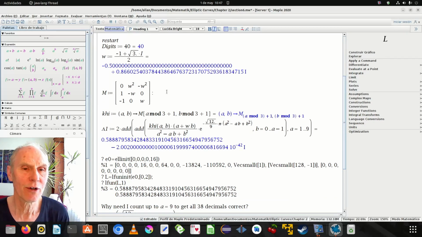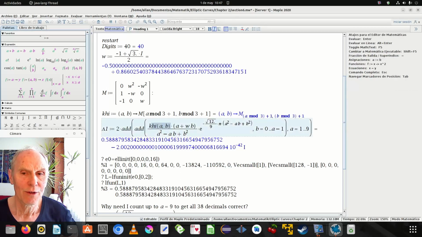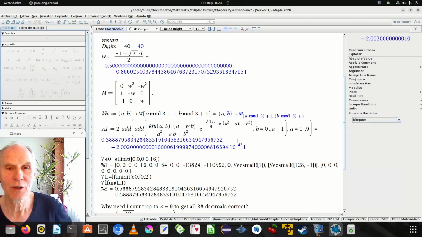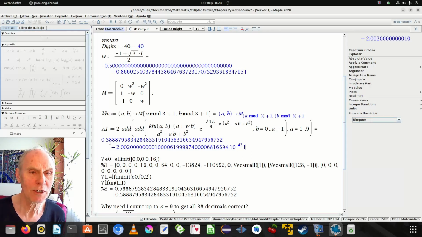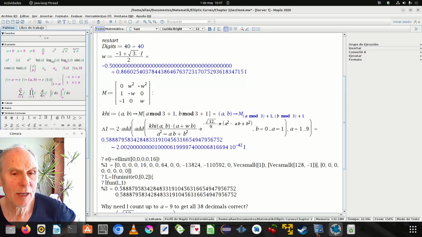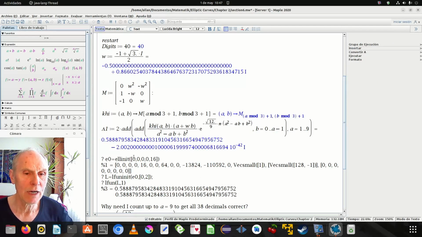Here is the character chi we're working on, and then the value we need, and we can see that the result is real as it should be within the 40 digits we're working. So this should be lambda of 1.